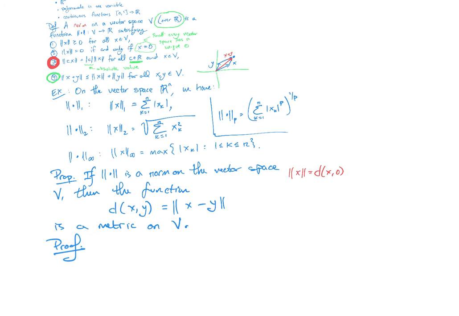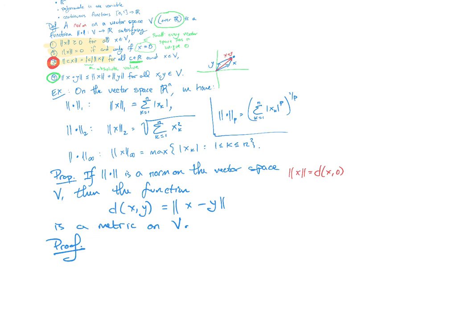Okay, so the metric is 0 if and only if the two points are the same. That's coming straight out of property 2. Positivity, non-negativity, that's coming straight out of property number 1 of a norm. What about symmetry? Where do we get symmetry? From number 3.